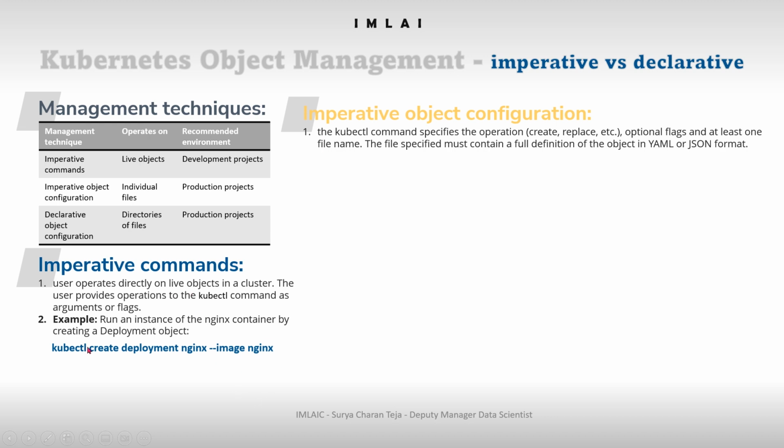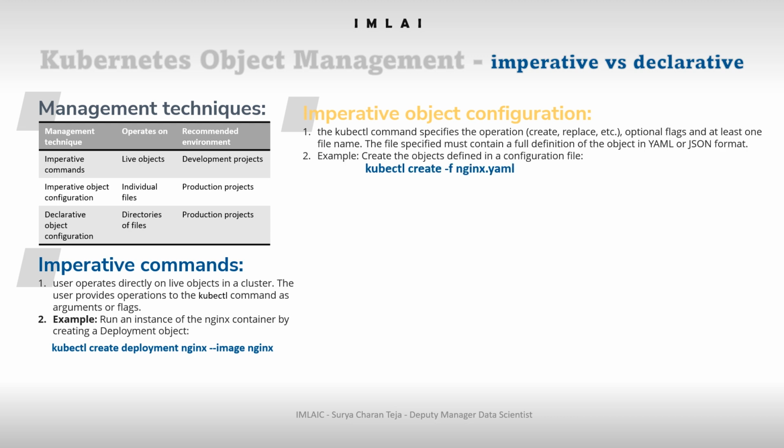Whereas with imperative object configuration, we write a definition file. It's a simple YAML file, but in Kubernetes language we normally call it a definition file. In that definition file we mention each and every property of that deployment object, and once it is done, you can create the deployment object from it.